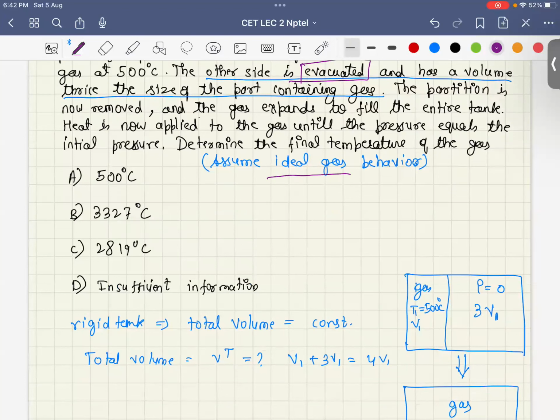I think the question is now attemptable. I've given the basic premise of the question. Now you can try to solve the question. I will give you a couple of minutes.